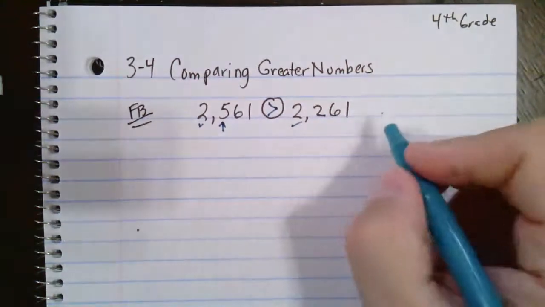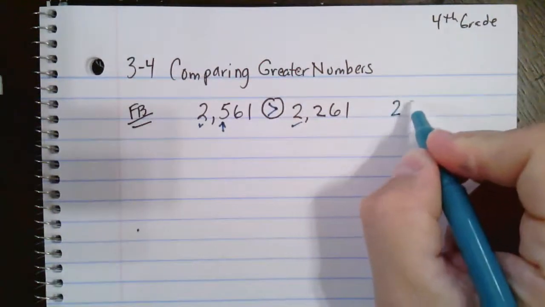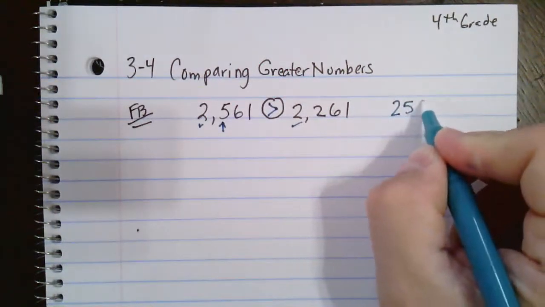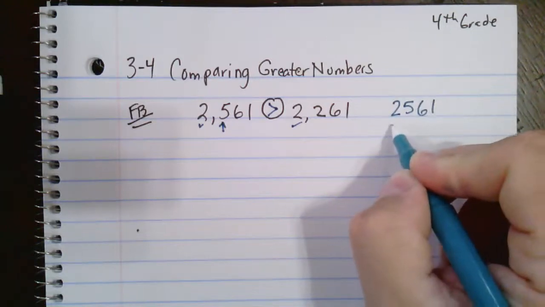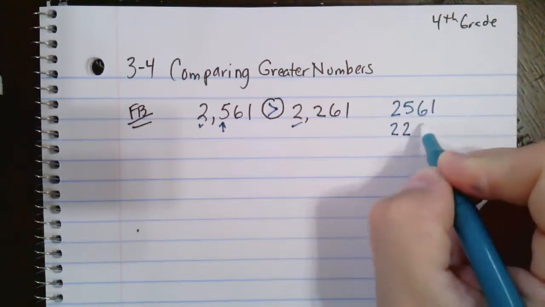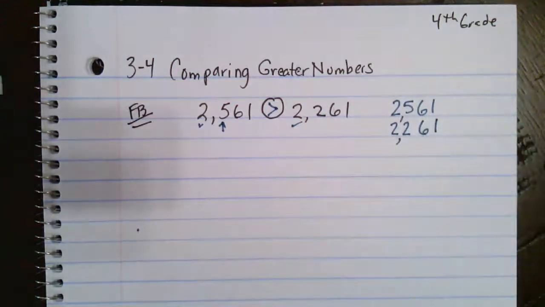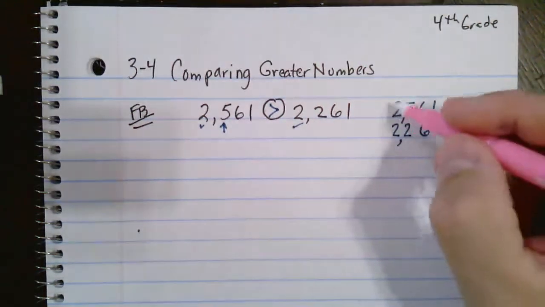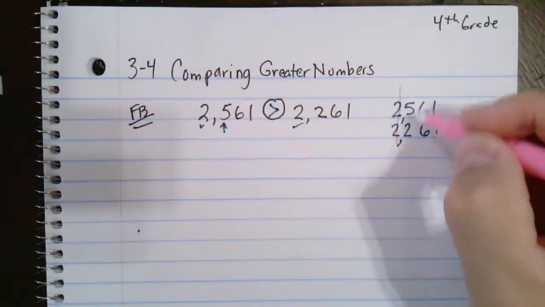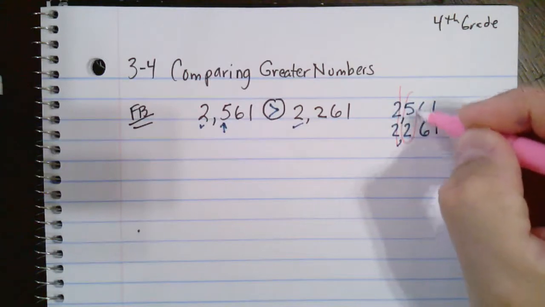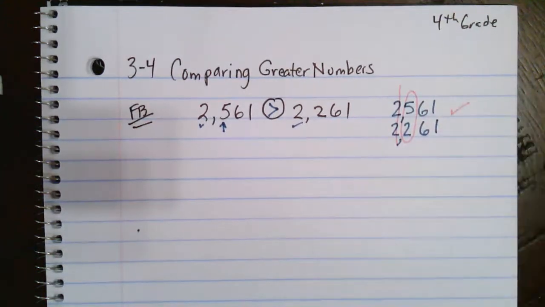Another quick way to compare is to stack them on top of each other, so you can see them in a much more organized way. Then we can say, okay, they line up with the same number of digits, the thousands are the same, the hundreds are where they are separated, and there's my larger number.